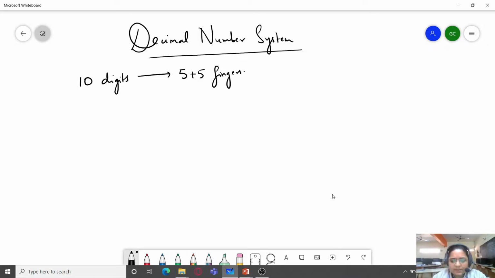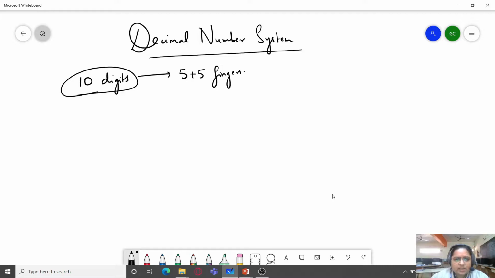So the very first way in which man started counting something was with the help of his hands. Sometimes in scientific terms, fingers are also termed as digits, whether it is the toes of your feet or the fingers of your hand. So from there we started using digits for numbers.